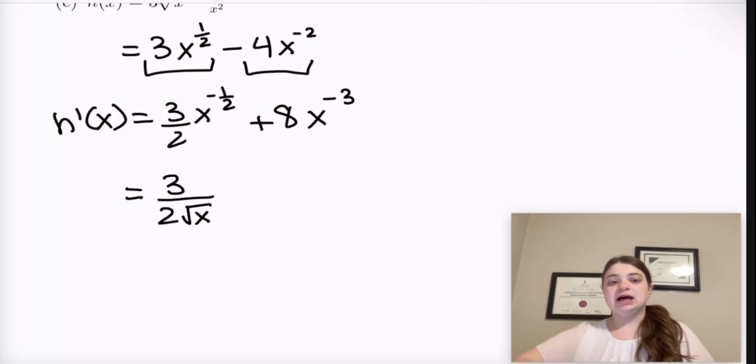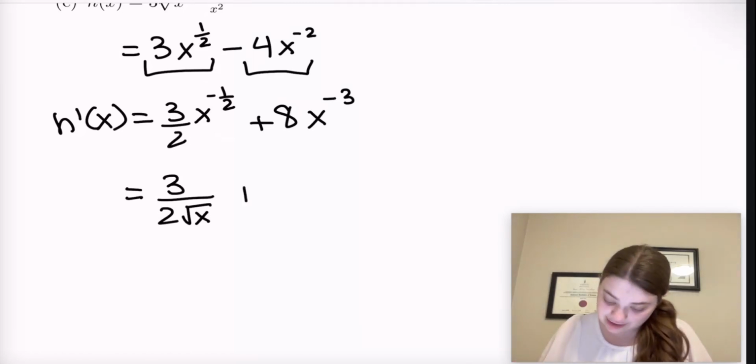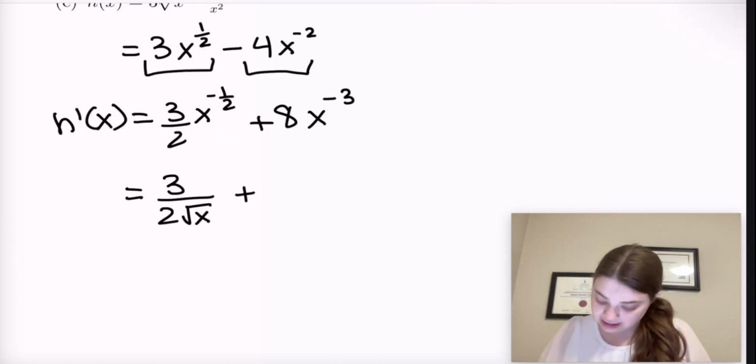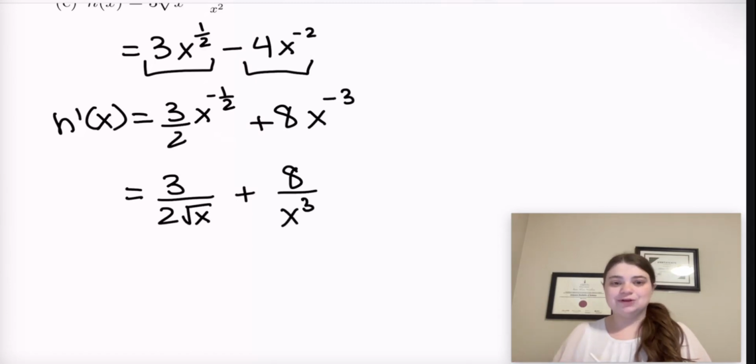Negative means if it's in the numerator, put it in the denominator, and if it's in the denominator, put it in the numerator. Same with over here, we have x to the power negative 3. The negative means move this to the denominator to get rid of the negative sign. So 8 over x cubed would be our final result for that one.